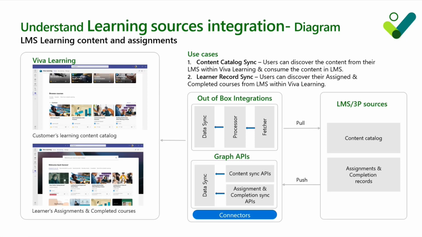Once this data is pushed onto the Viva Learning, it is then synced on to our backend data store from where it is surfaced into the Viva Learning. As you can see on the left-hand side, we have the Viva Learning and all the content catalog from the customer is visible onto the Viva Learning platform. And we also have the learner's assignment and completed courses available within Viva Learning.